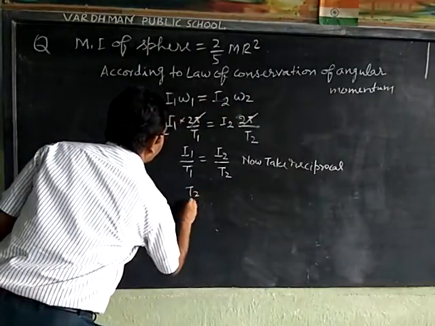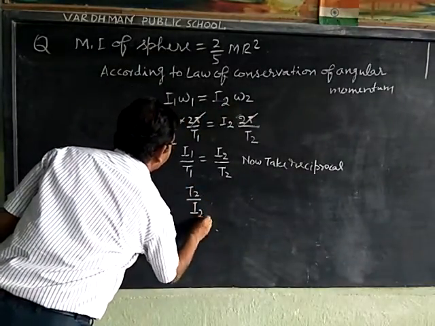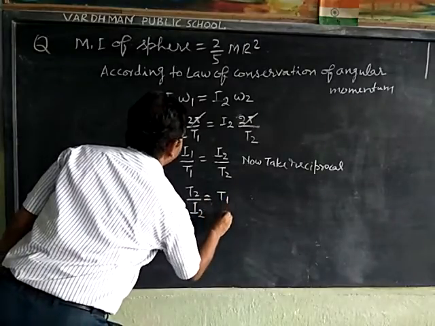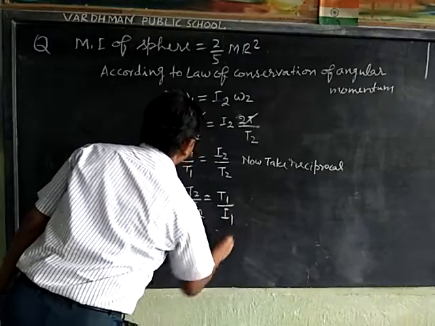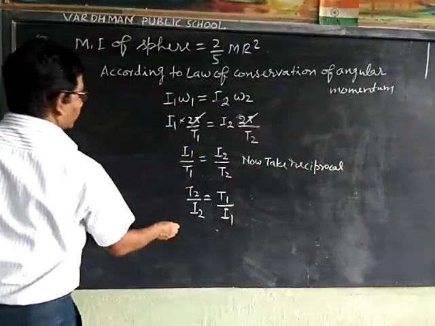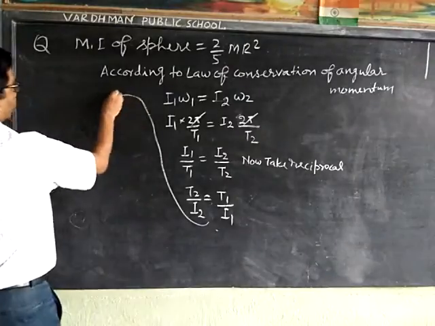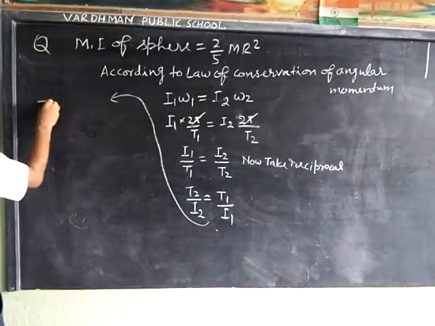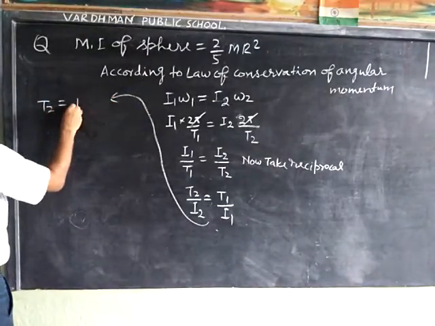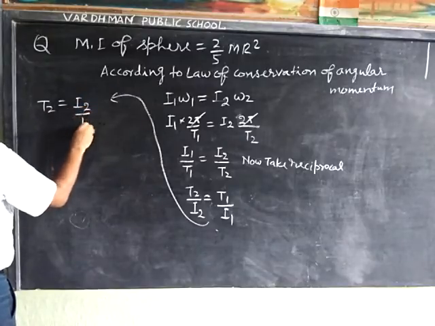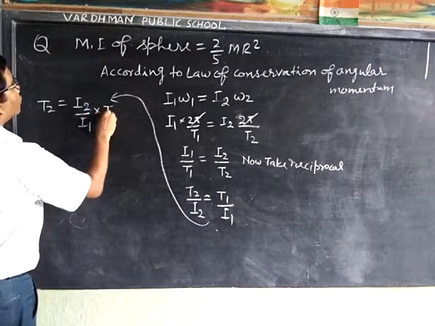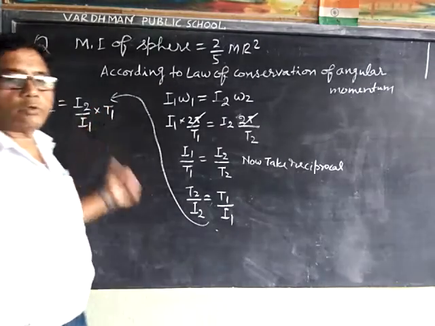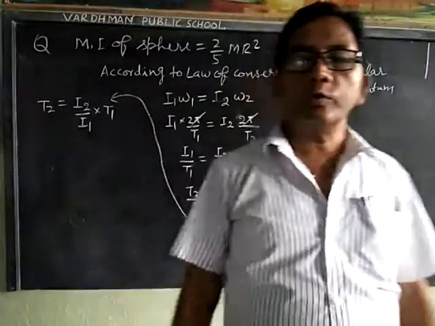T2 upon I2 is equal to T1 upon I1. From here T2 is equal to I2 upon I1 into T1.